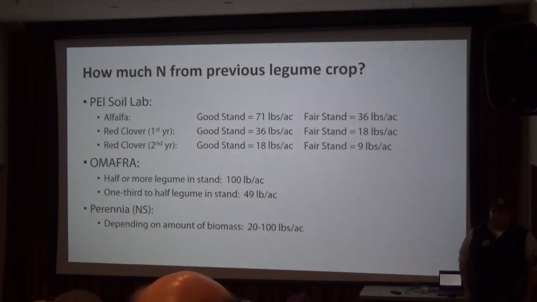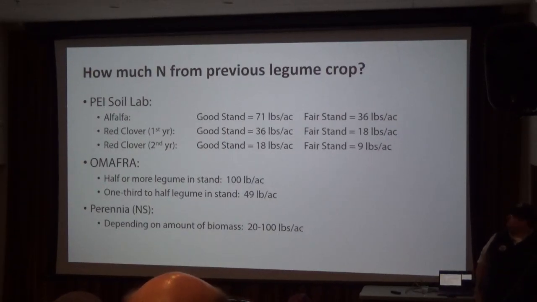These are some of the textbook recommendations that come from a few different sources in Eastern Canada. The PEI Soil Lab, this is what they marked down as a credit for legumes the year before potatoes. And you can see they have good stand and fair stand, but I don't have a good definition as to what good and fair mean.